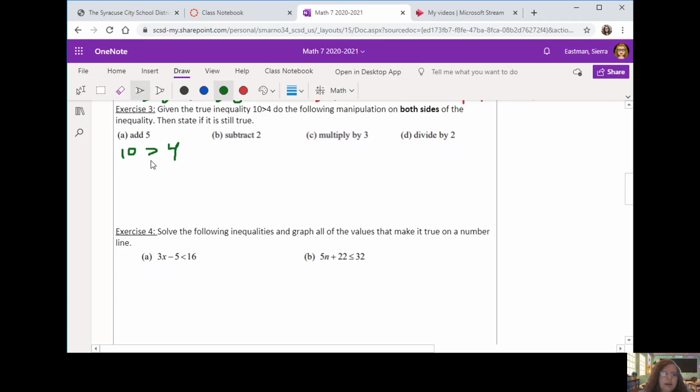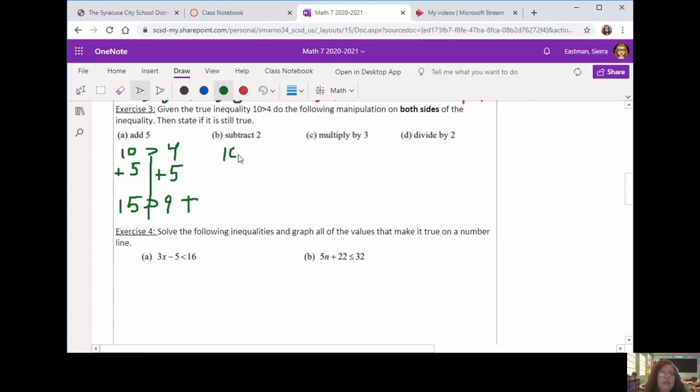So just like we did with our equal sign, I'm actually going to draw a line down that inequality symbol. And for A, they want me to add 5 on both sides. If I add 5 on both sides, now we have a 15 is greater than, that alligator's trying to eat the 15, 9. And we can still say that that is T for true.